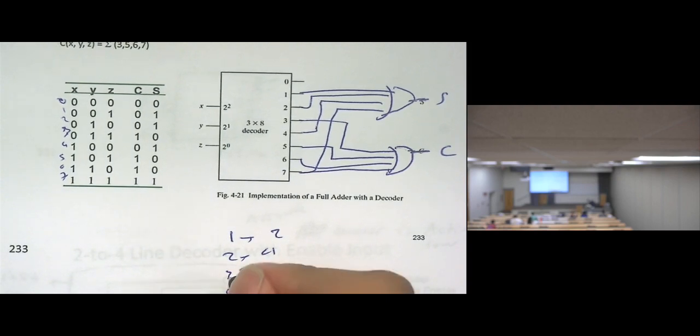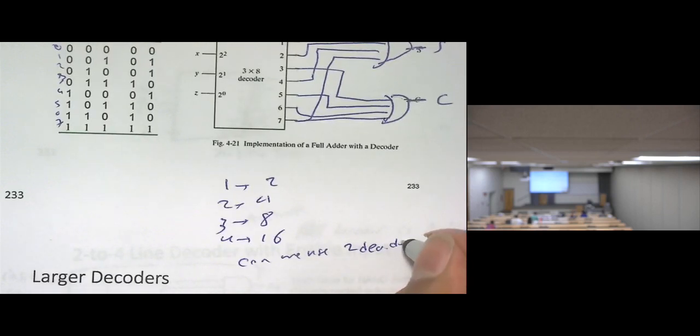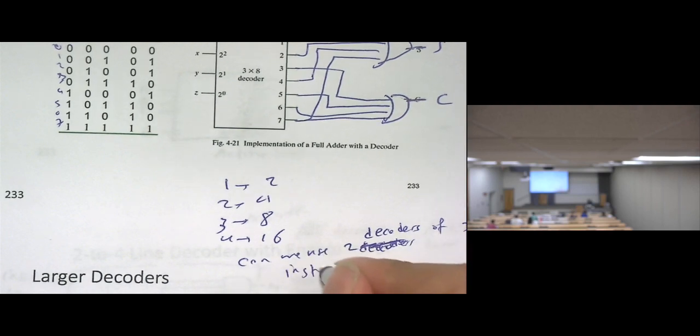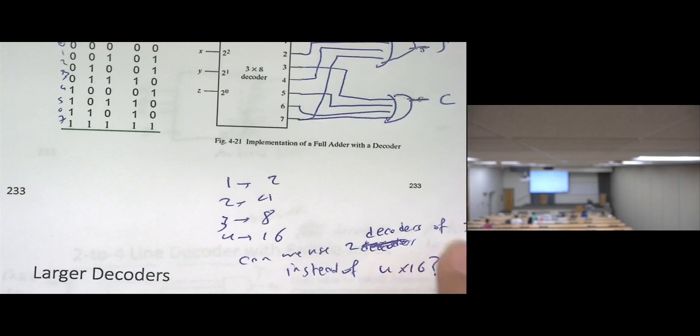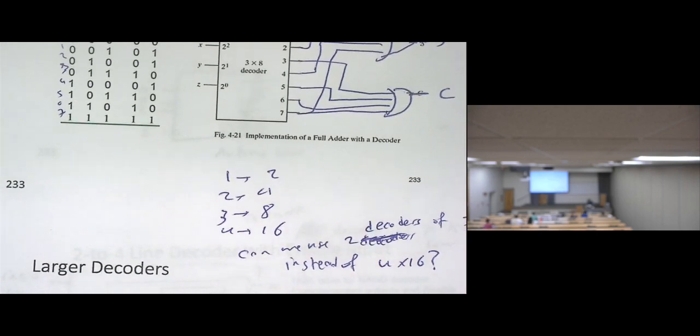Now, can we use 2 decoders of 3 by 8 instead of 4 by 16? Can we create two 3 by 8s instead of a 4 by 16?